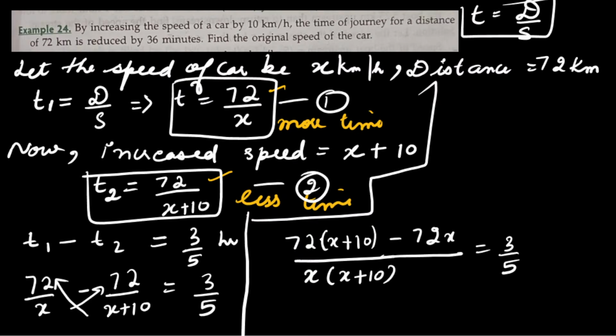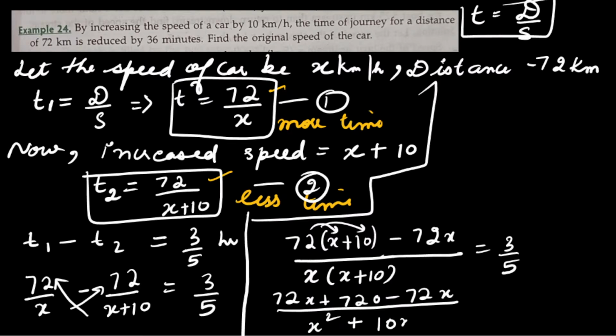So let's open the bracket. 72 we have to multiply with x and also with 10. So I'll get 72x plus 720. So here I'll write 72x plus 720 minus 72x by x square plus 10x is equal to 3 by 5.